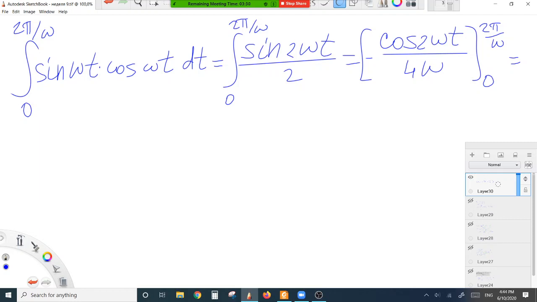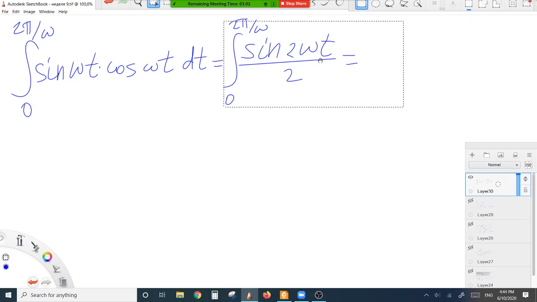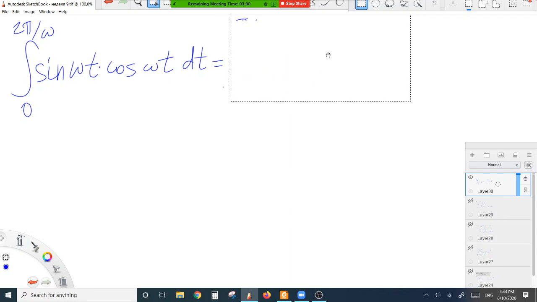No, we should get 0 as a result of this integral. Where did we make a mistake? Sine omega t multiplied by cosine omega t.